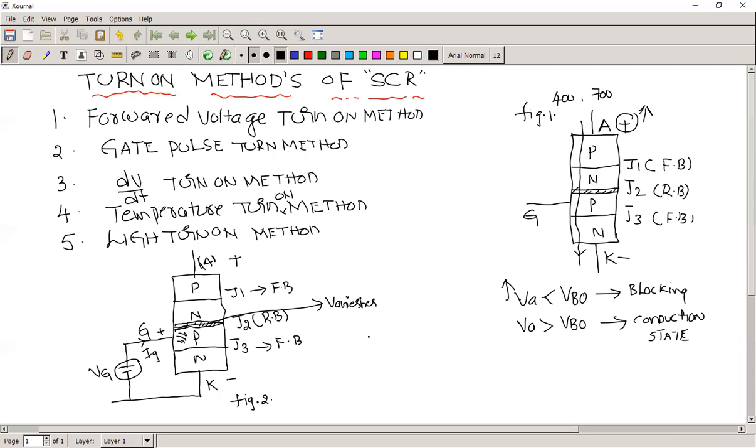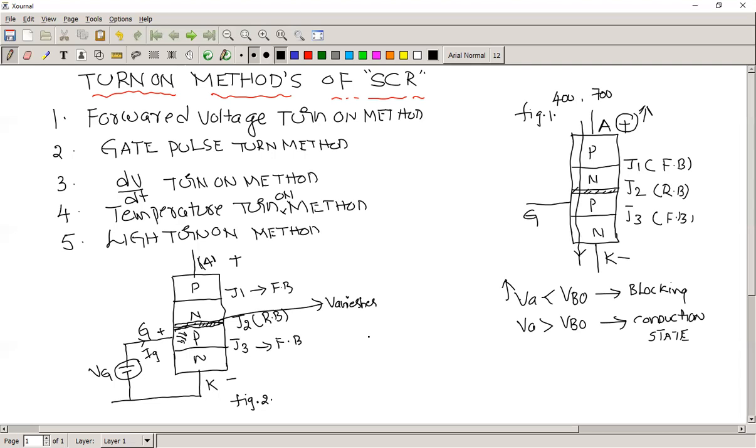If the gate current is more, then a lesser amount of anode voltage is required to turn on the SCR. In this manner, we are turning on the SCR by means of the gate terminal.